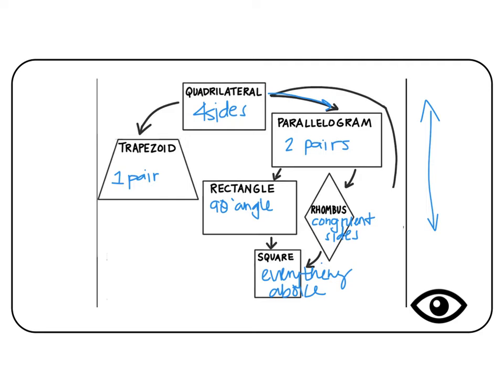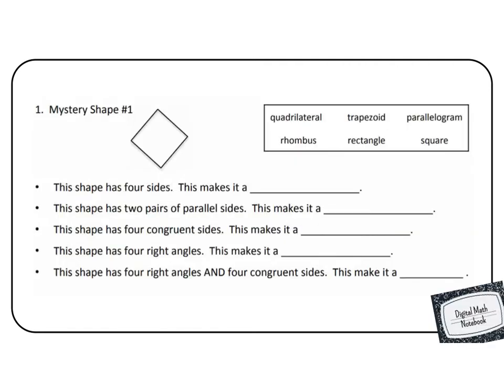Let's do some practice problems together. All right, friends, for our practice together, we're going to have a mystery shape, and we're going to use the attributes of the mystery shape to help figure out what this shape's name is. To the right, you can see we have the names of all the different types of quadrilaterals. Let's cross them out or circle them as we use them.